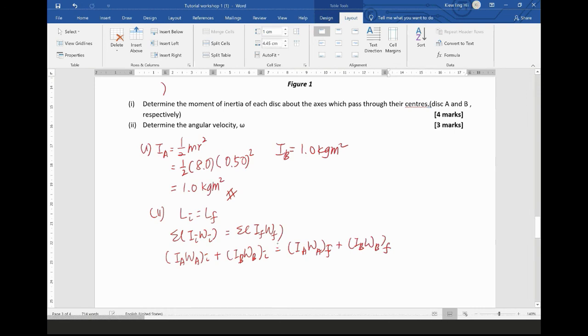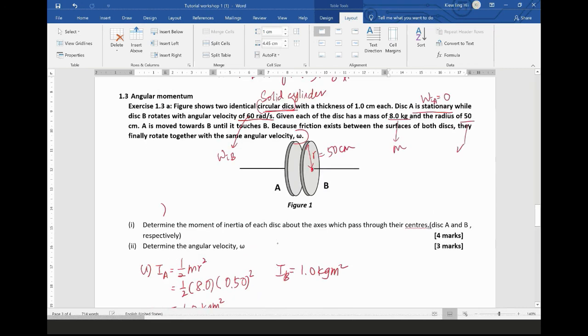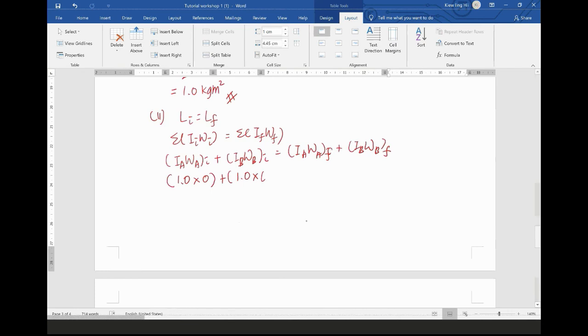So the moment of inertia I_A equals 1, omega_A equals 0, I_B is 1, and the initial omega_B equals 60 radians per second. Here, both of them are stacked together and rotate with the same angular velocity.